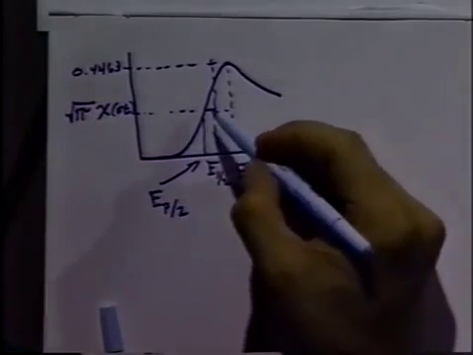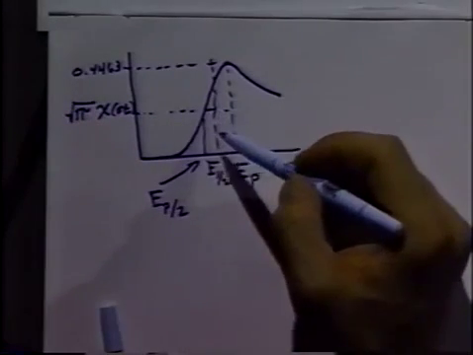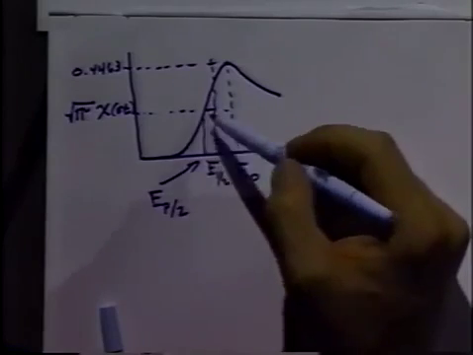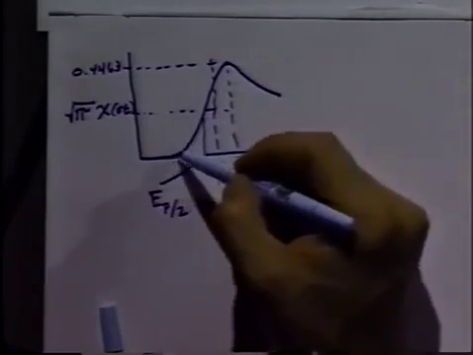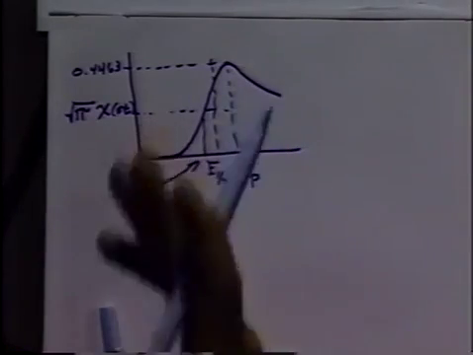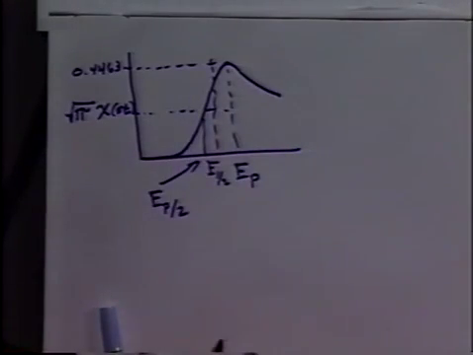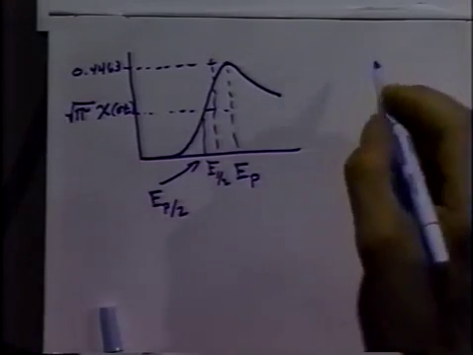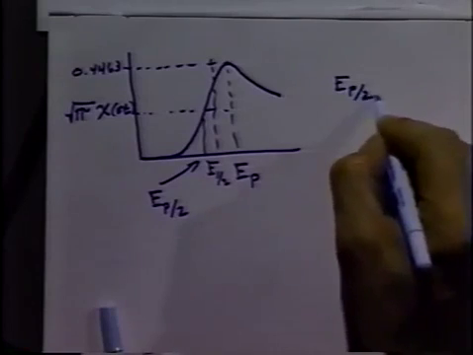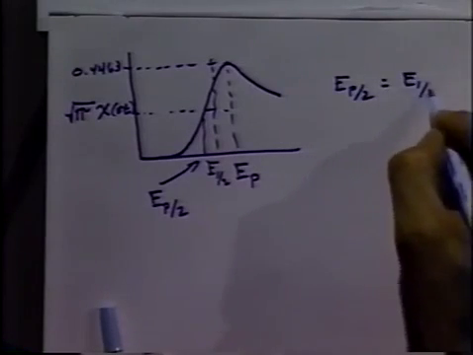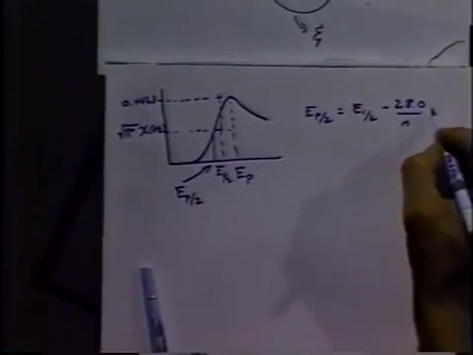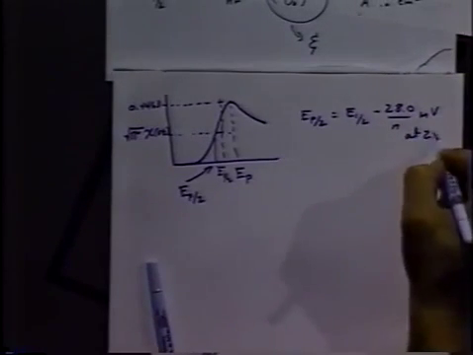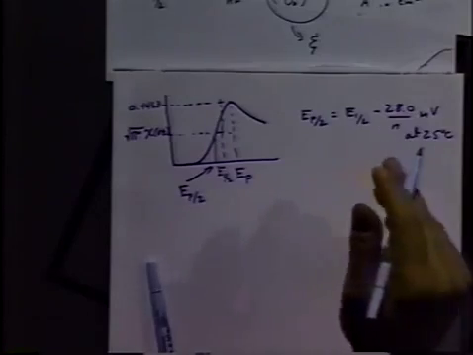And it's sometimes easier and more exact to look at the EP/2 value, since that's a sharper curve, it's easier to get that EP/2 value more accurately. EP/2 should be equal to the E1/2 value plus 28 over n millivolts at 25 degrees C.